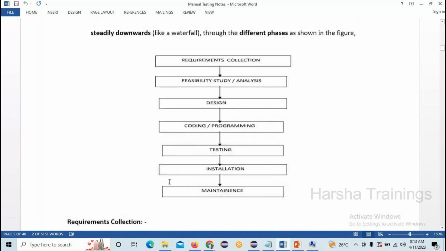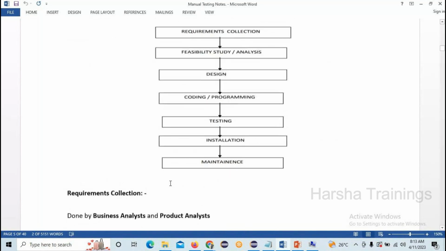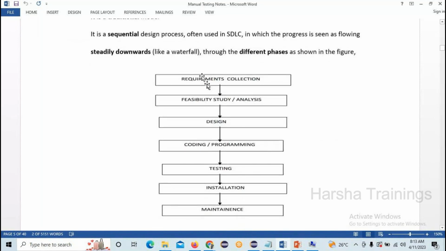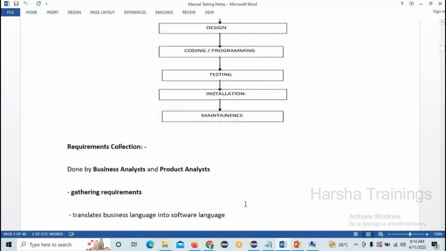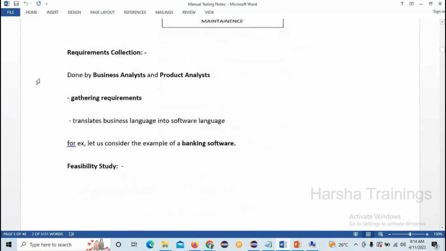But here you should know who will do the requirement analysis, who will do the feasibility study, the design, the coding, the testing, the installation, and the maintenance. These are the points you should know. Requirement collection is done by the business analyst and the product analyst. Their work is to gather the requirements and transfer the business language into the software language.